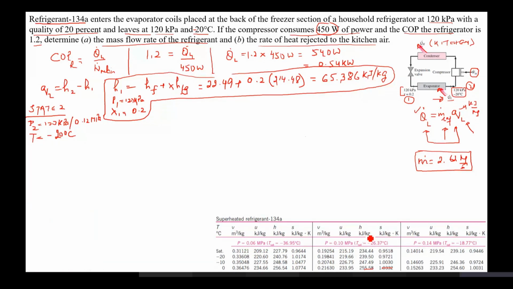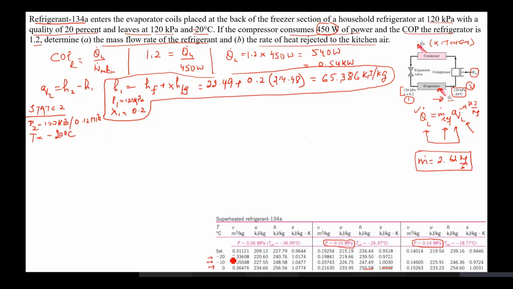We have 0.10 megapascal and 0.14 megapascal, but not 0.12 megapascal. So what should we do? Interpolation. Yes, you'll have to do interpolation, first for minus 10 degrees centigrade, then 0 degrees centigrade, and then you will be able to do it for minus 20.